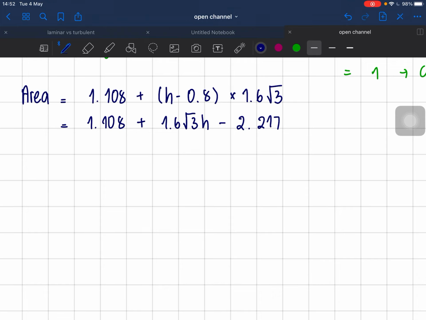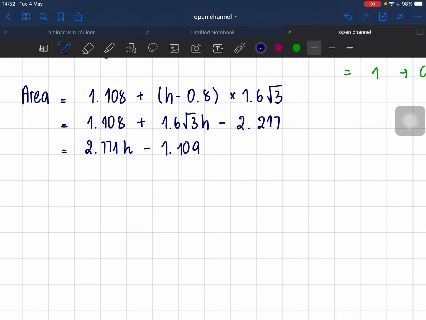And 1.6 square root of 3 is 2.771 h minus, because this is a minus sign here, 2.217 minus 1.108. So it's 1.109.